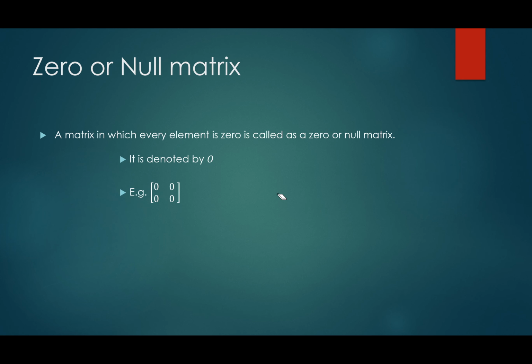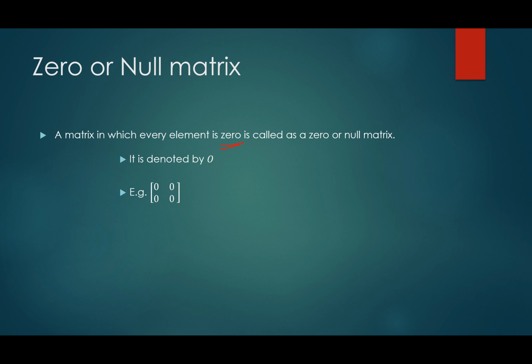Okay, now we go to the next slide. Again a type of matrix, called the null matrix or zero matrix. This matrix is defined on the basis of the elements. If my matrix has all elements as 0, every element must be 0, then that kind of matrix is called a zero matrix.